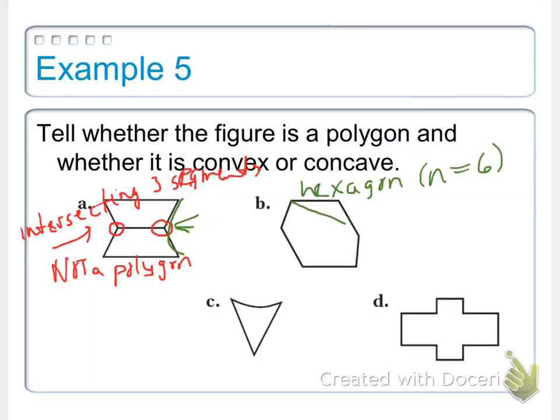So I drew a diagonal here, and here, and here. I can draw diagonals here, here, here, here. I've basically drawn all of them, other than I'm messy at drawing. They all are interior. So this would be a convex polygon.